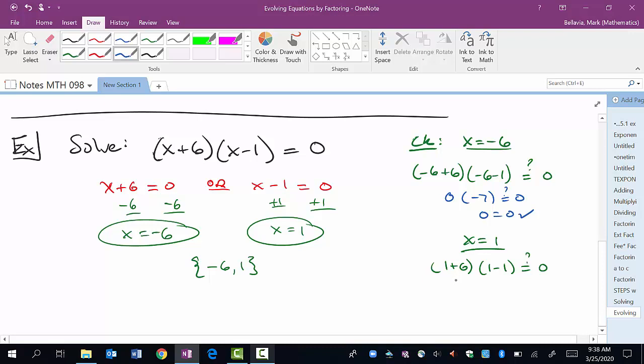Well, looking at this, 1 plus 6 is 7 times 1 minus 1 is 0. Does that equal 0? Yeah, 7 times 0 is 0 equals 0. So it checks out. So you know those are solutions. Keeping in mind that both of these do check out, but you have to check them individually. I wouldn't say you have to check every answer, but if you want to be sure you're right, it's helpful to check.